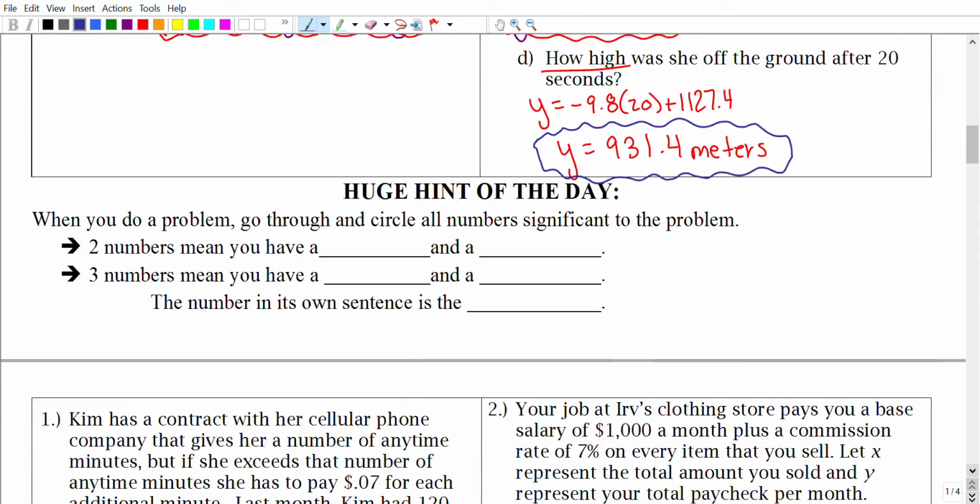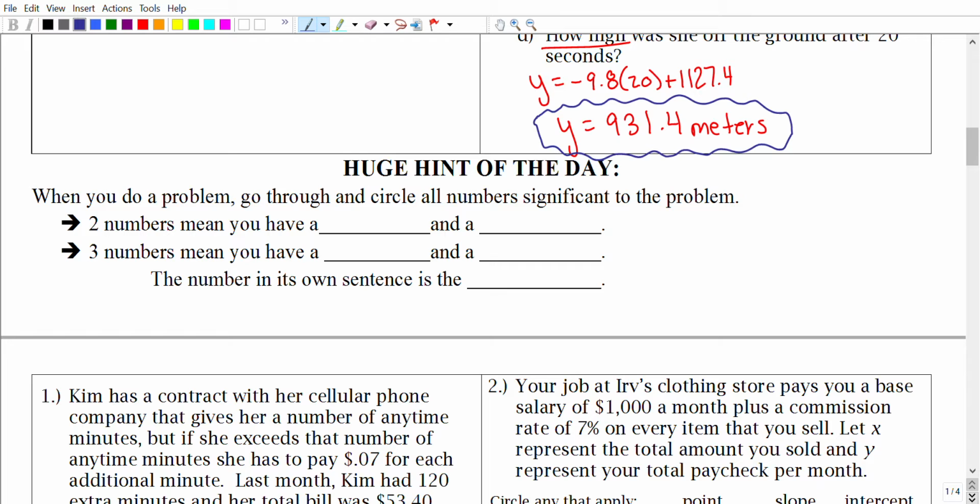Now, to help answer the rest of these questions, guys, I need to make sure that you understand and can use this hint I'm about to give you. Okay? So, when you do one of these problems, go through it and either highlight or circle all the numbers that are significant to the problem. Okay? So anytime you see any numbers, just like I did up above, just highlight them or circle them. Okay? Now, this is very important.